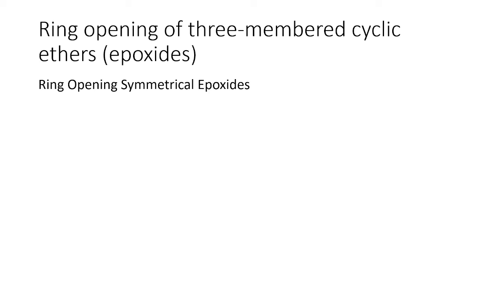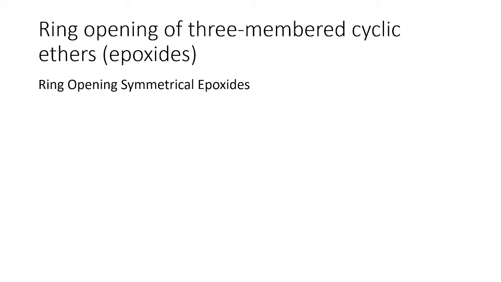These epoxides actually undergo ring opening due to the considerable ring strain, like in our cyclopentane before. In the ring opening reactions of epoxides, we can have different products depending on the type of epoxide we are talking about.